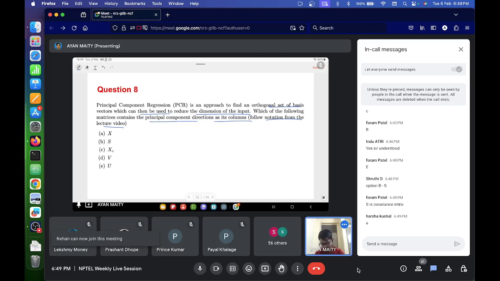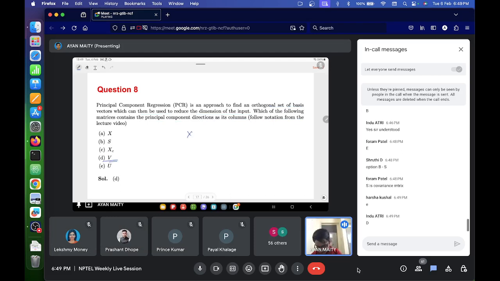Correct answer is option D, which is V. If you have followed the video lectures, you remember that in principal component analysis, X is decomposed into U D V transpose. This is called singular value decomposition, and D is a diagonal matrix.